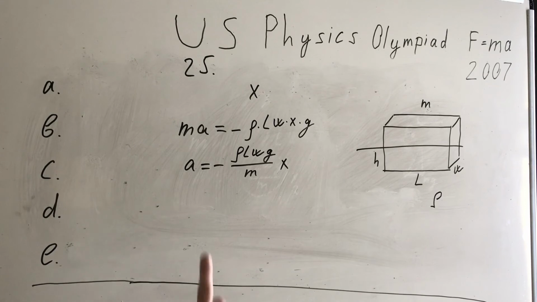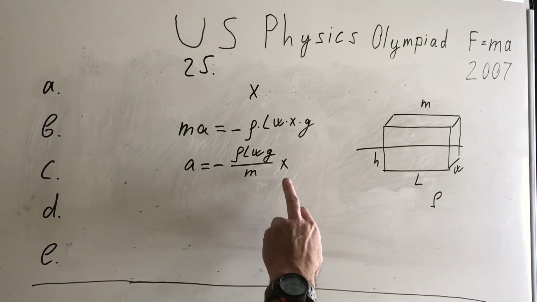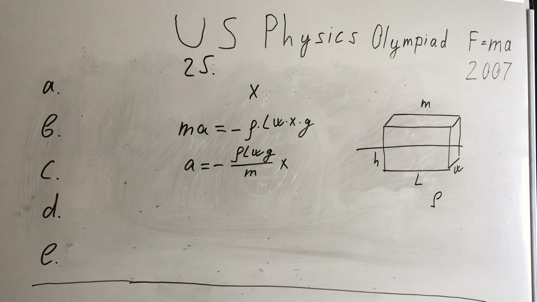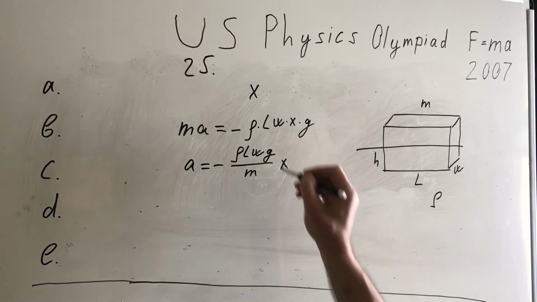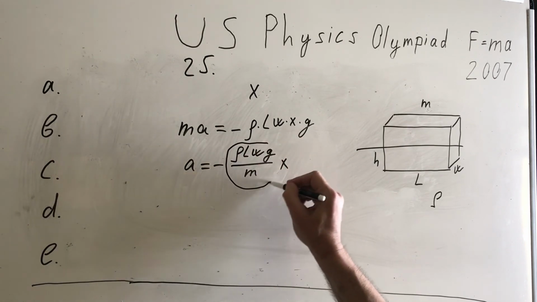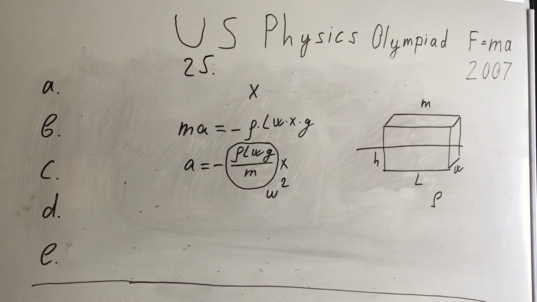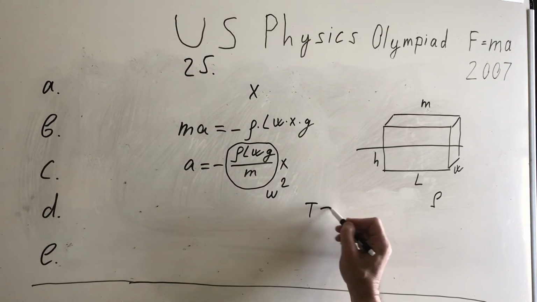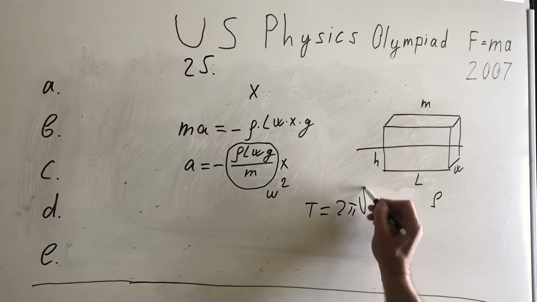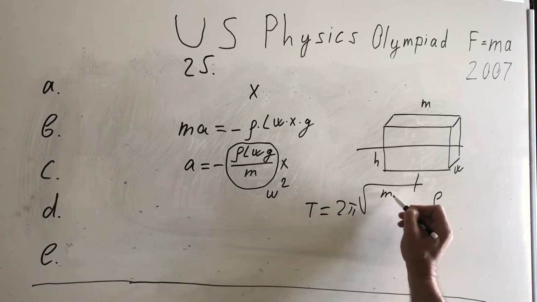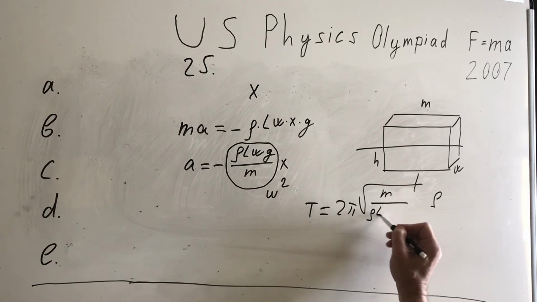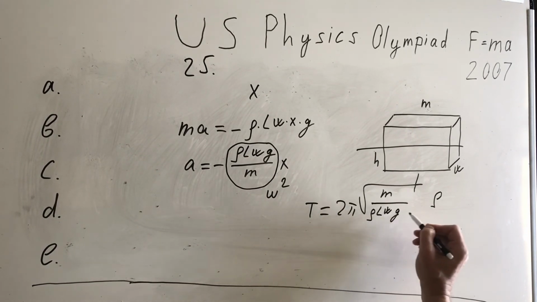We see that acceleration is proportional to displacement and always directed back toward equilibrium. That's the regular equation for simple harmonic motion, and we know that in this case this coefficient is exactly omega squared. So from this we have the period equal to 2π root of m over ρ L W g.